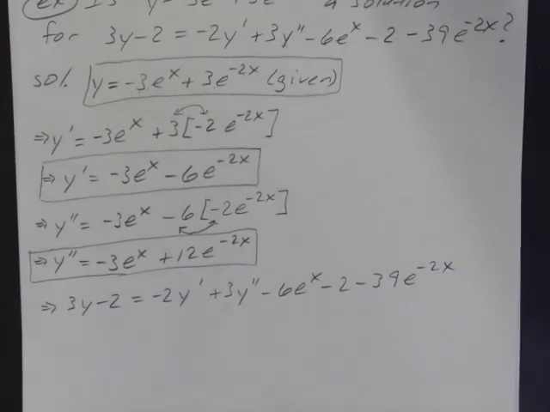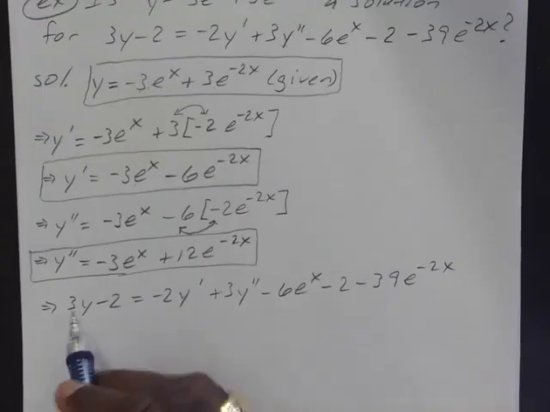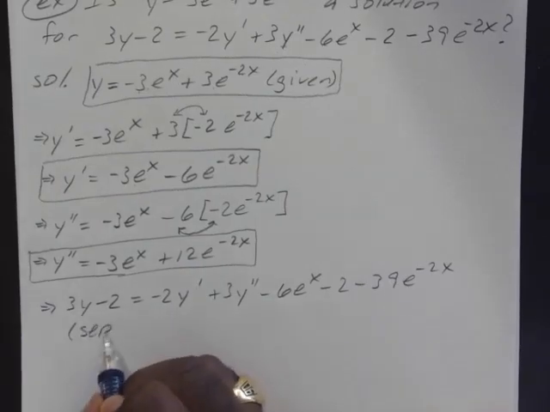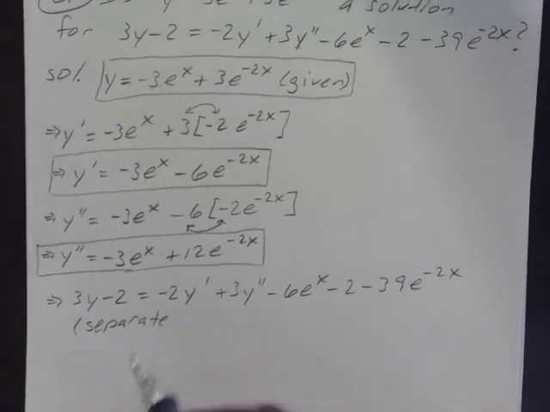So again, you can just plug them right on in, but for me, sometimes it's a little easier because you don't have to go all the way down to the very end if you just separate and substitute.